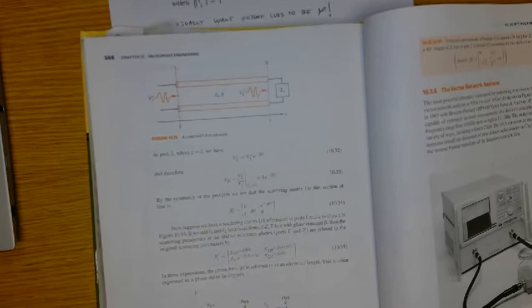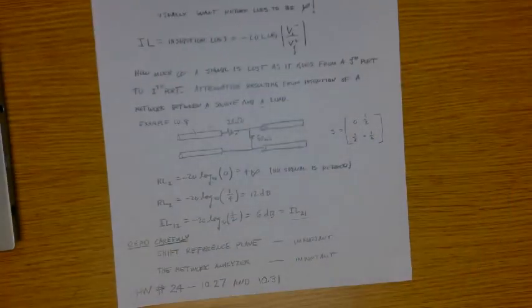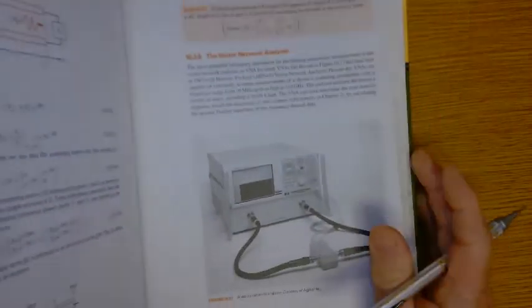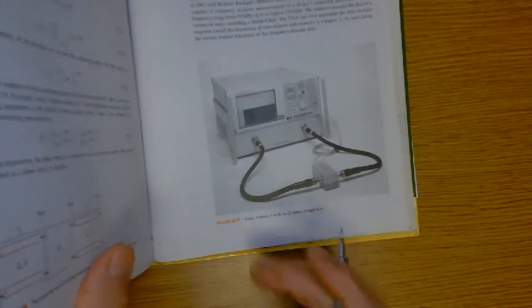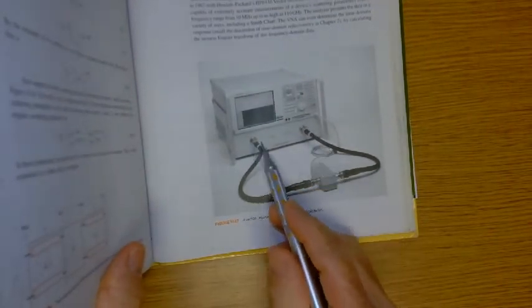And then lastly, this little section on the network analyzer. This is, of course, what a network analyzer looks like. It's got a port here and a port here. Here's a cable going from port 1 on the analyzer to the device under test, usually referred to as a DUT.